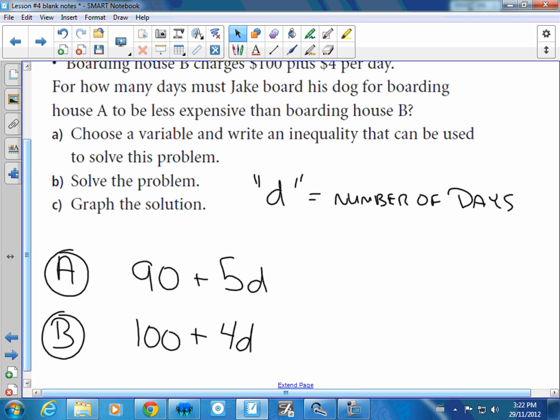Yeah. So D is a variable, so what kind of cost do you think we call this one? A variable cost. A fixed cost and a variable cost. Variable cost changes depending on the days. Okay.